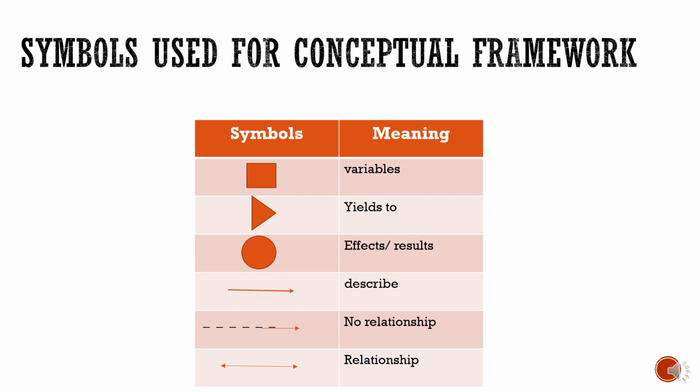For the circle, that would be at the end of your framework. That means your topic shows effects or results. A straight line indicates description, while a broken line means there's no relationship. While a double-arrowed line means that you're trying to convey that two variables have a relationship.